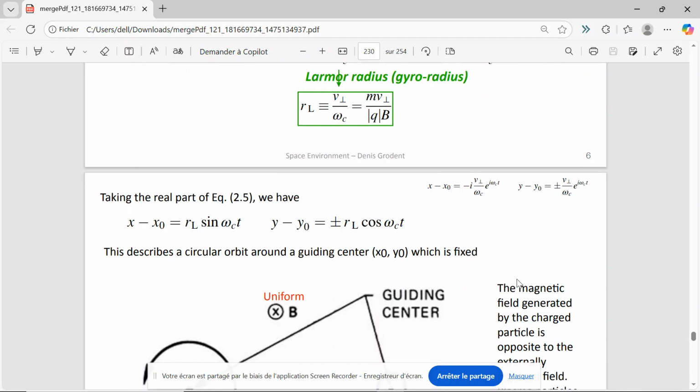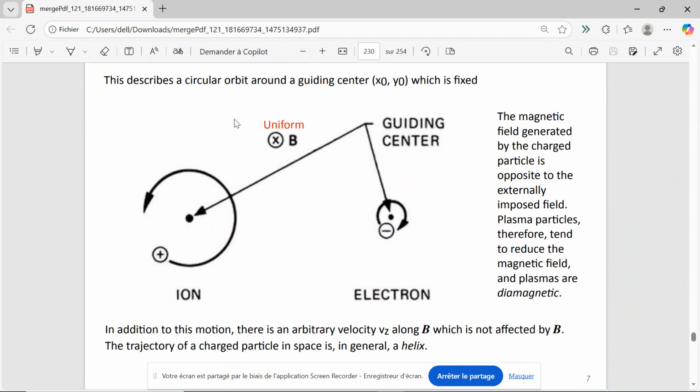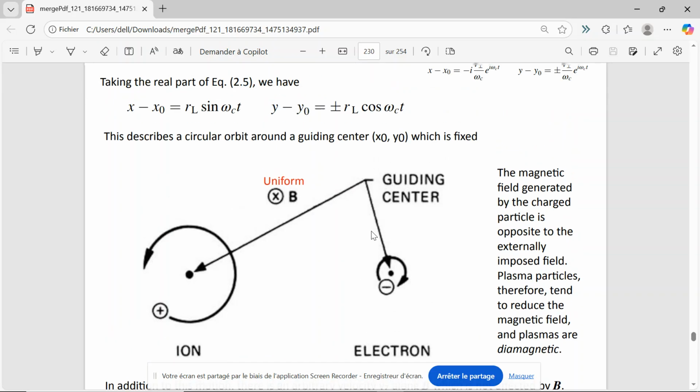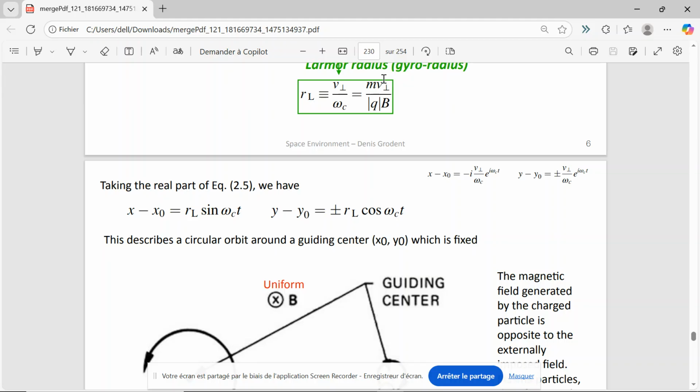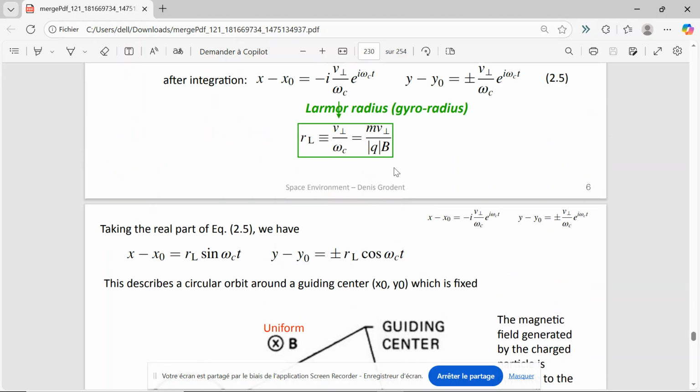So they are just making cycles. The electron has a very small Larmor radius because the mass is very small. However, this ratio is very different from the one of the protons.